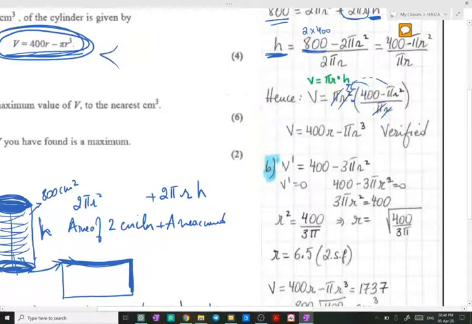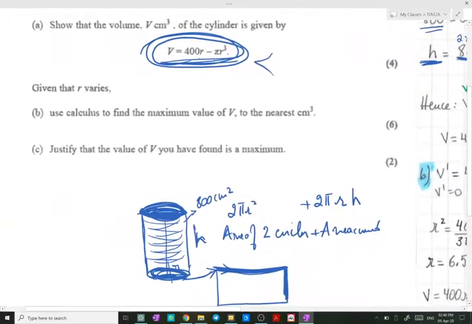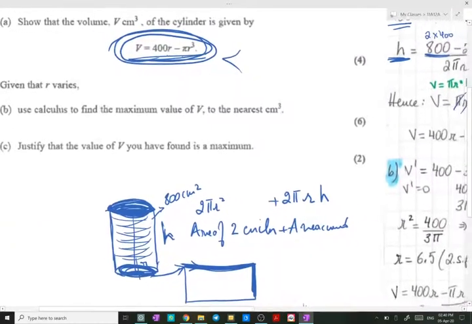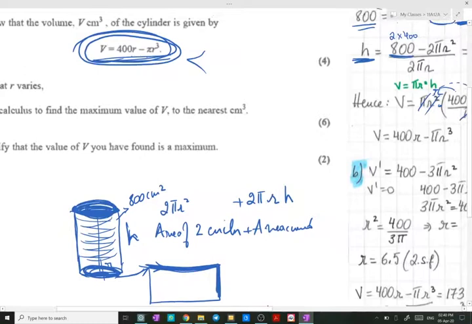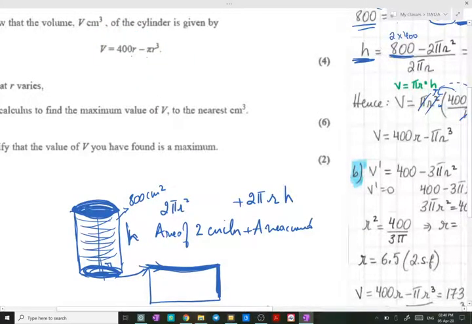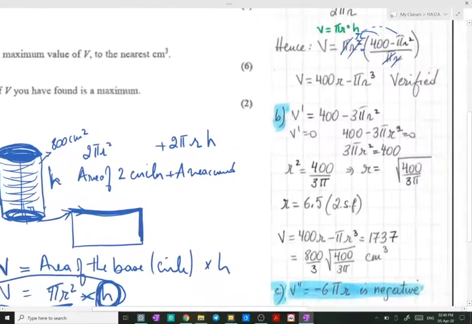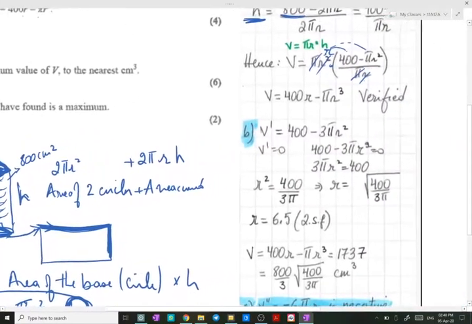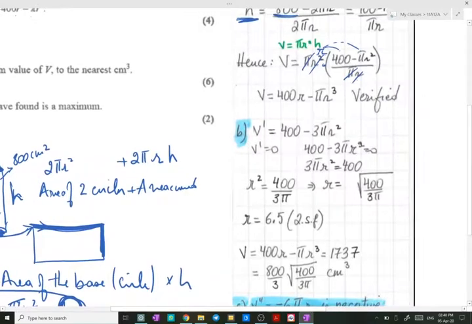In part B, use calculus to find the maximum value of V to the nearest centimeter cubed. So now you need to use calculus to find the maximum value of the volume. First you find V prime, and to get the maximum, the stationary point happens when the derivative is 0.